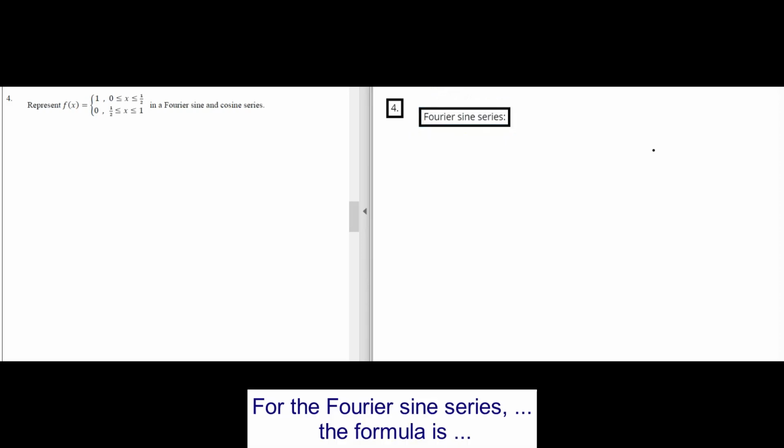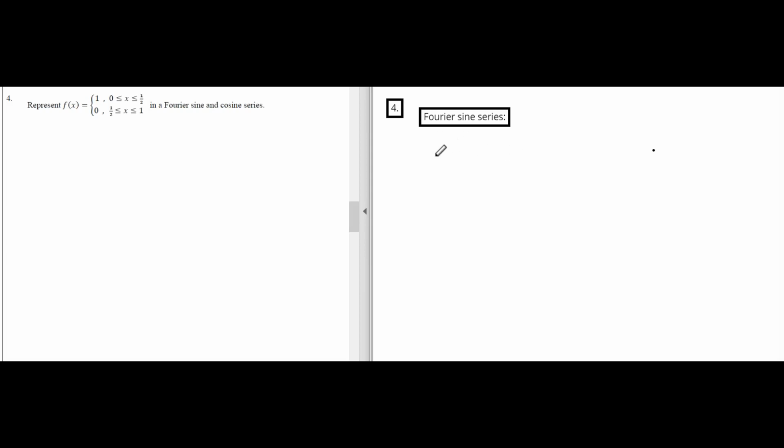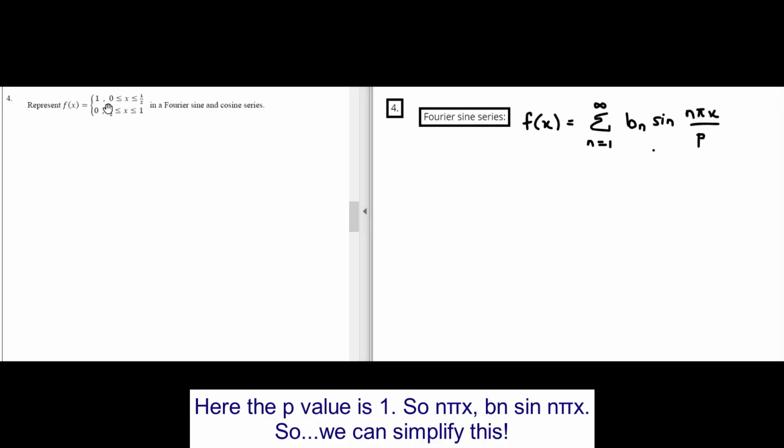For the Fourier sine series, the formula is, here the p value is 1.